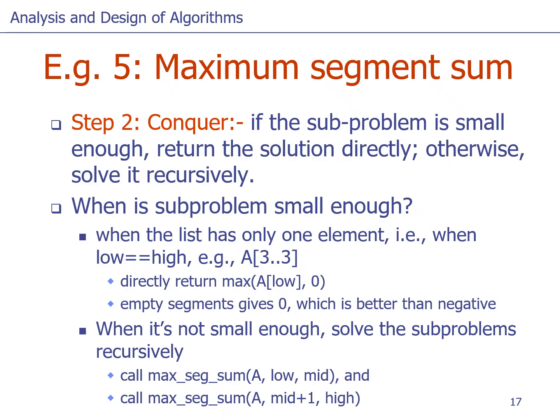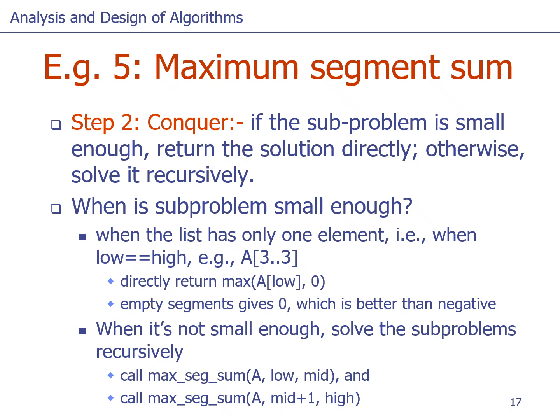Okay? So somewhat similar to what we have done before with the closest pair, I will calculate the max segment sum in array A from low to mid, and also I will calculate the max segment sum, referring to the 2 lines at the bottom here, for array A starting from mid plus 1 all the way till the end.